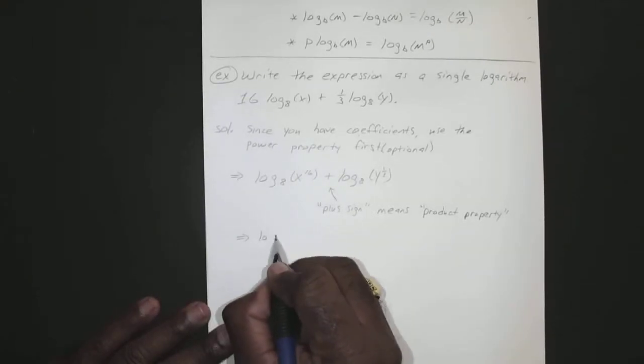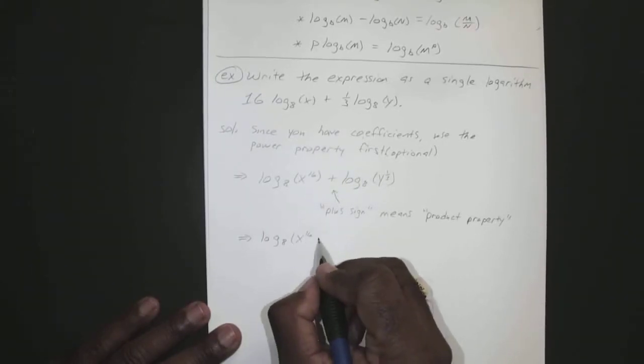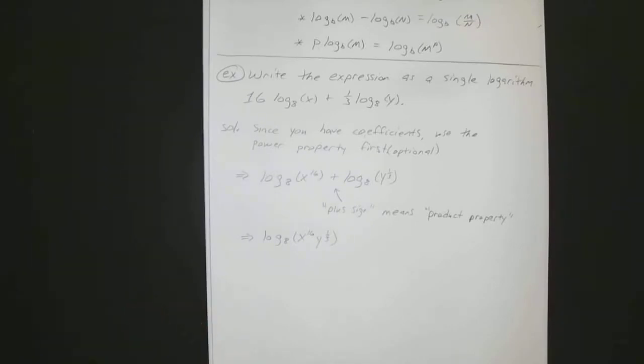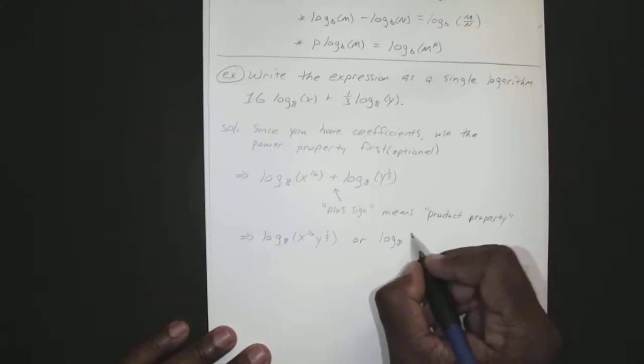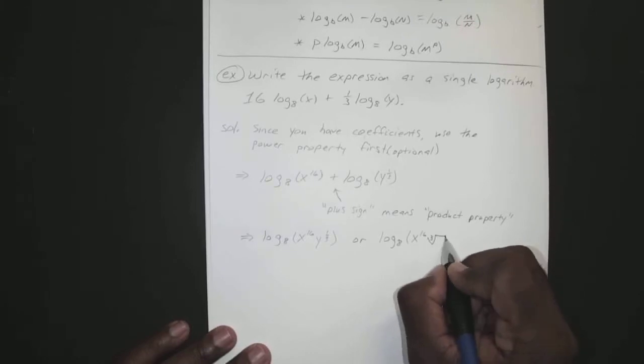That means you have log base 8 of x to the 16th times y to the 1/3, or you can rewrite it as log base 8 of x to the 16th times the cube root of y.